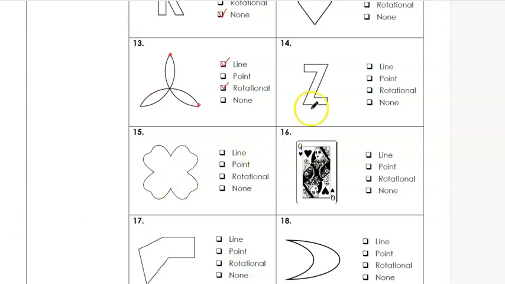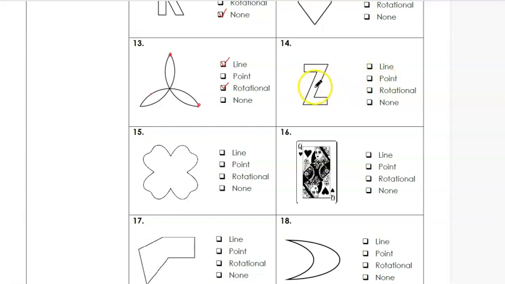Okay, 14, we'll test for line symmetry. Not possible with a vertical line. A vertical line does not create a fold over which we could make these two sides match, and that would also be true with a horizontal line.